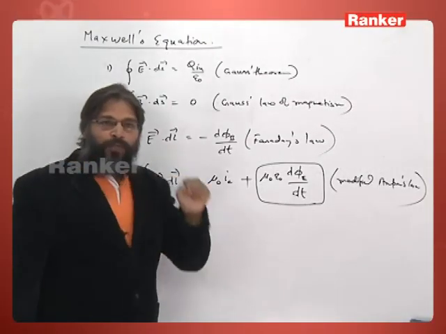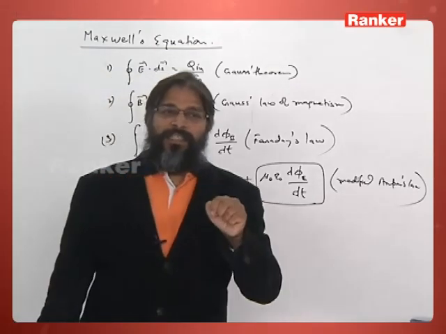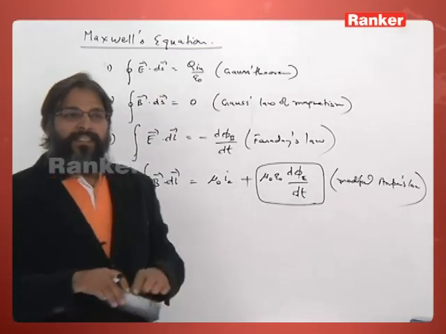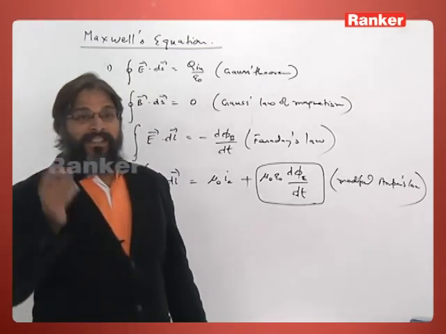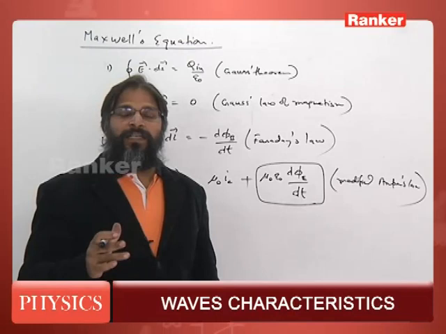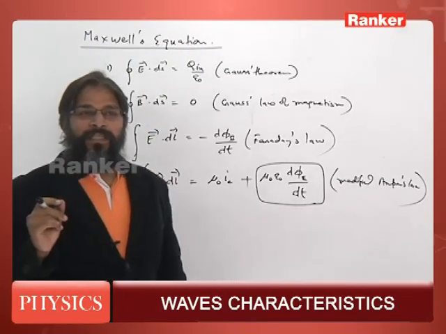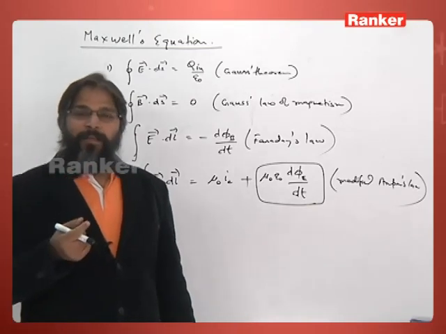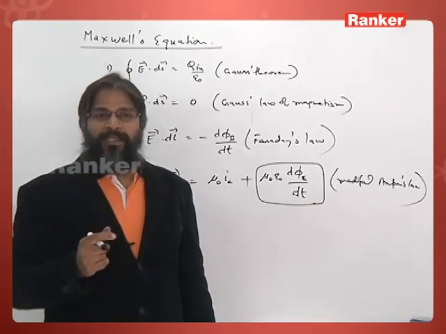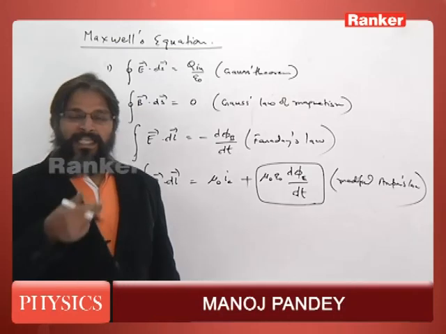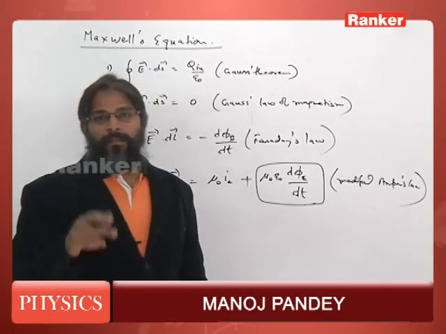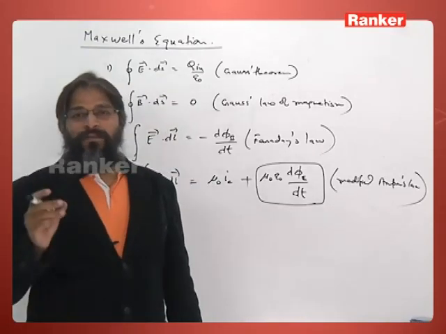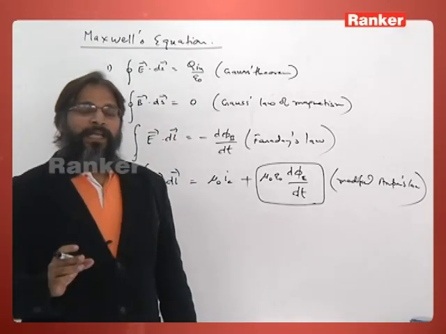So the outcome of the unification of electricity and magnetism was that it could predict a self-sustaining electromagnetic wave, that is, a changing electric field in space can produce a magnetic field, and in turn the magnetic field can produce an electric field. So there is no requirement of a medium, and a self-sustaining wave can be produced.